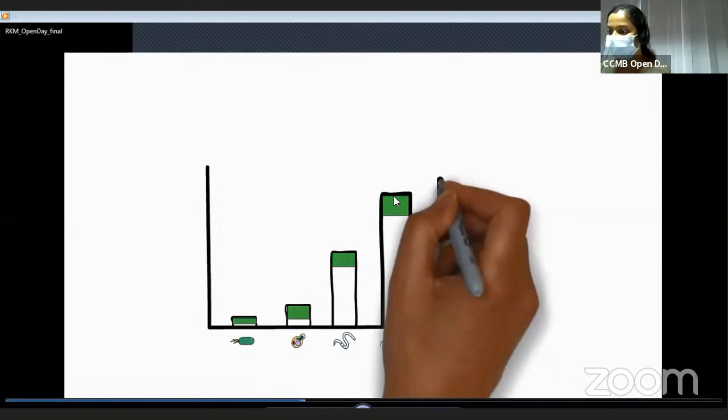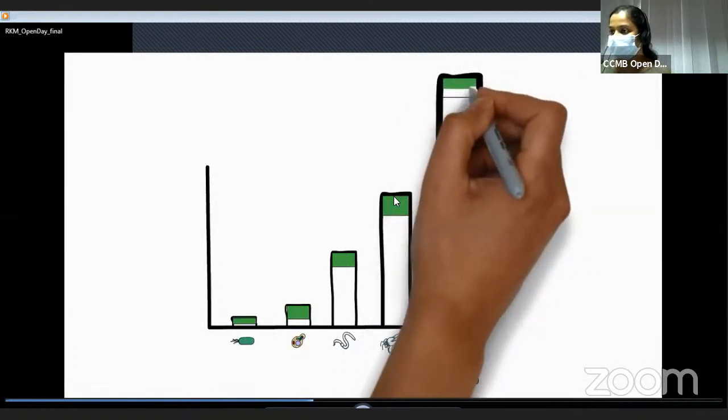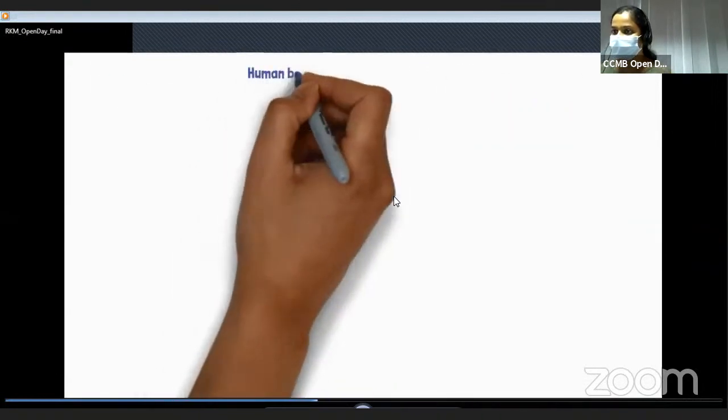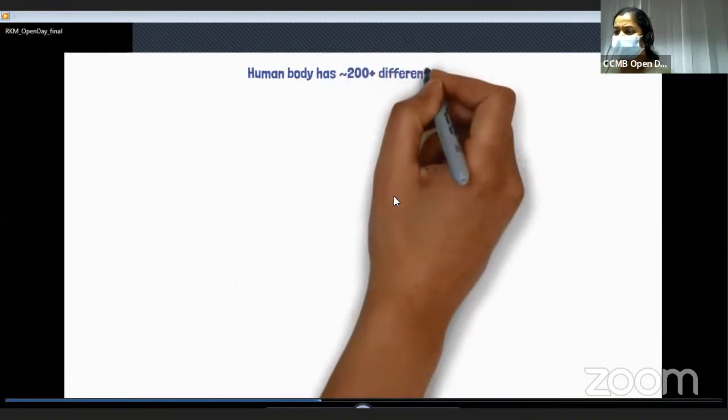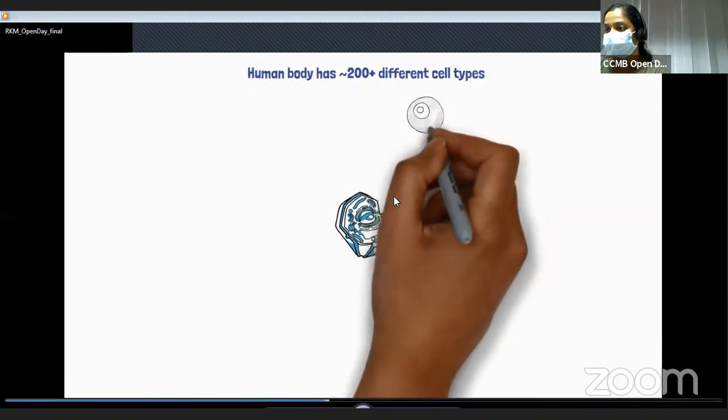When it comes to humans, there is a huge genome, which is about 3 billion bases, but we have only 20,000 genes. We also know that the human body has nearly 200 plus different cell types.